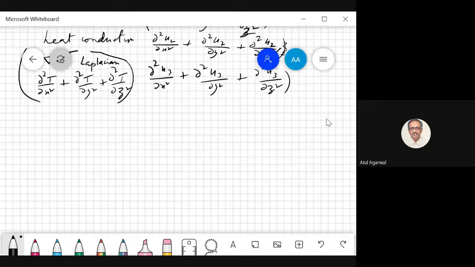Now see what happens. You have a fluid flow. So there are layers which are moving with different velocities. So there is a velocity gradient. Suppose this is a slow moving layer. This is fast. So this fast moving layer will try to drag it along. Will tend to increase its speed.